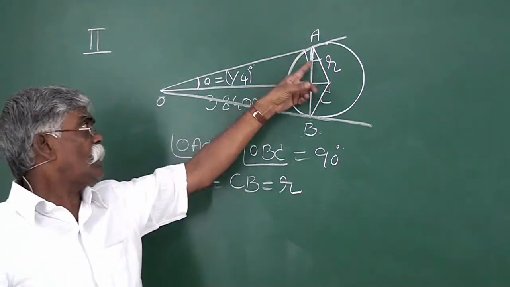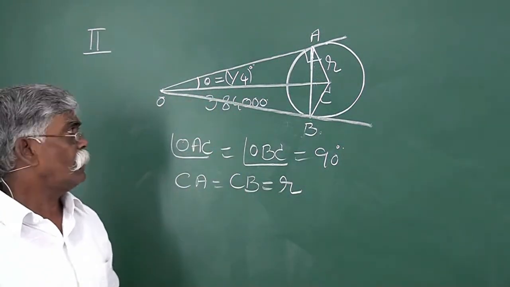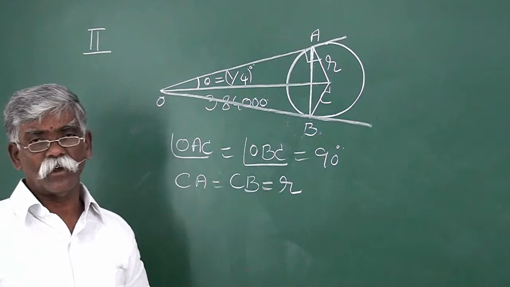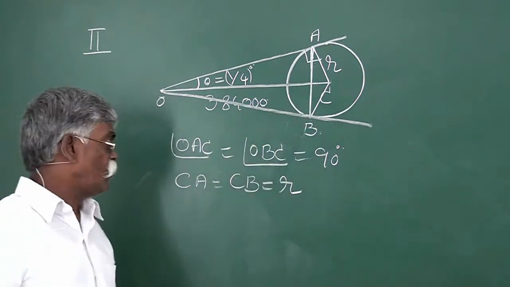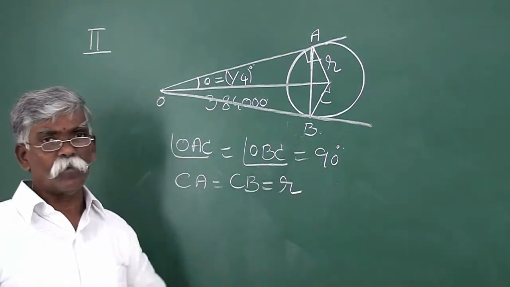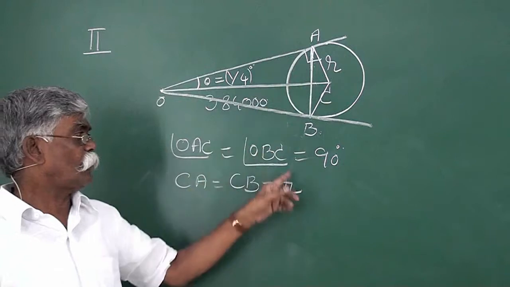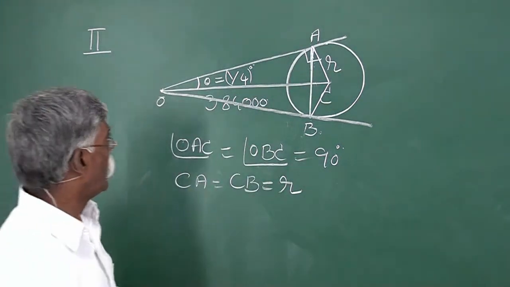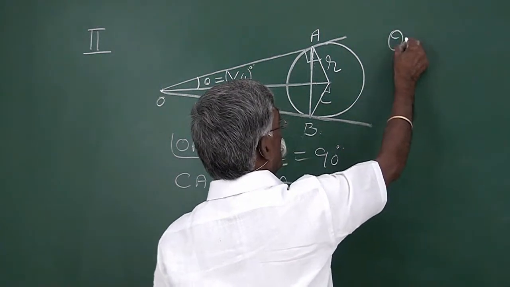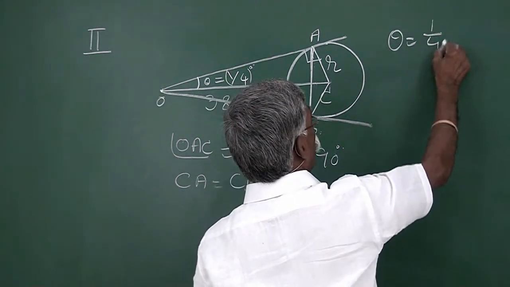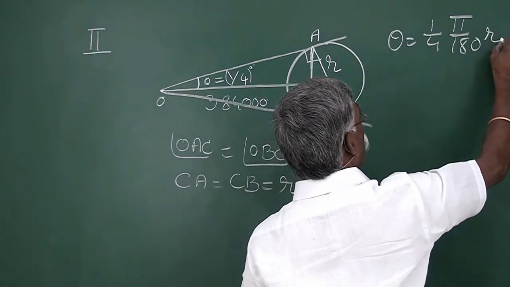Angle OAC, OA is tangent, AC is a radius, like that OB is the tangent and CB is the radius. So OAC is equal to OBC is equal to 90 degrees, and CA is equal to CB is equal to R. Now, this theta is equal to 1 by 4 into pi by 180 radians.